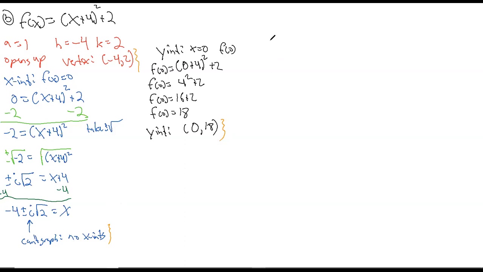All right, so let me try this fake ruler out again. 0, 18, so we need this pretty high up. We don't have to go very far left or right. Get my eraser.